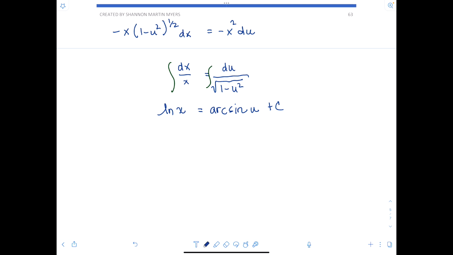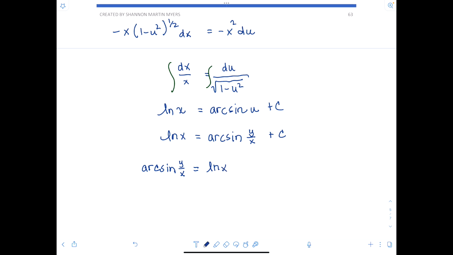All right, so now let's isolate this arc sine function. So we're going to end up with arc sine at y over x is equal to natural log at x.